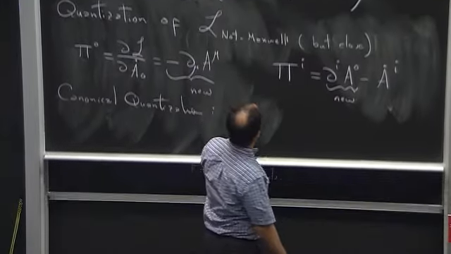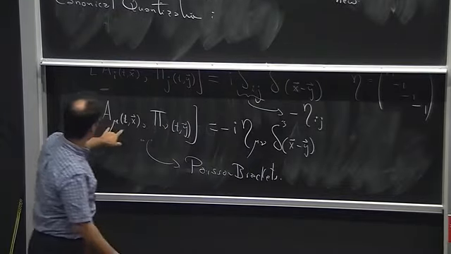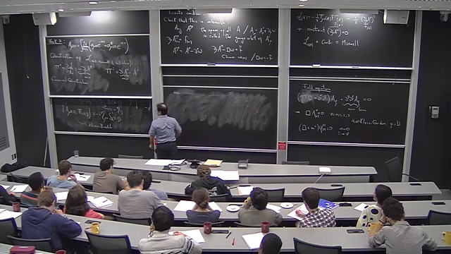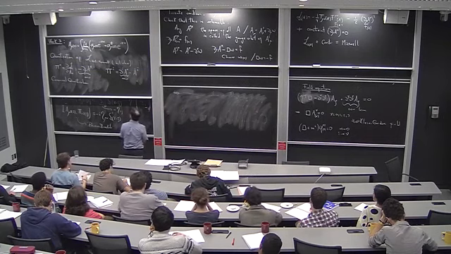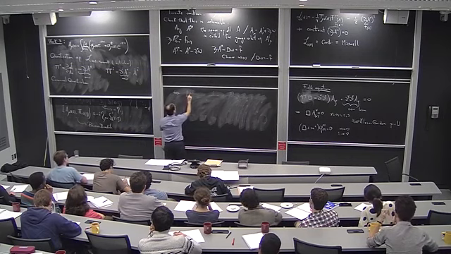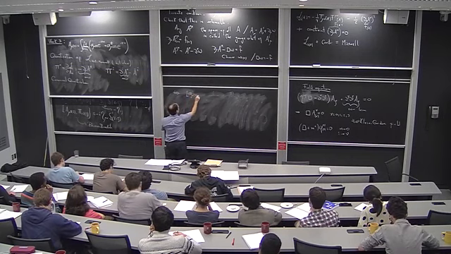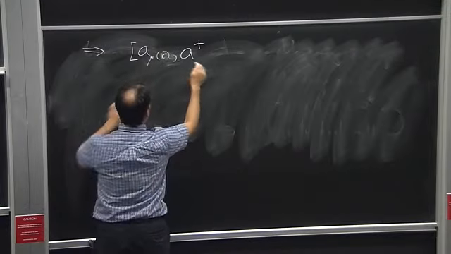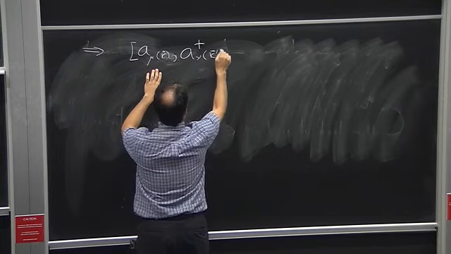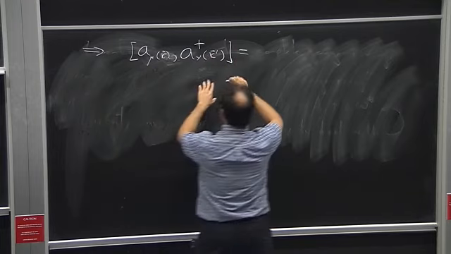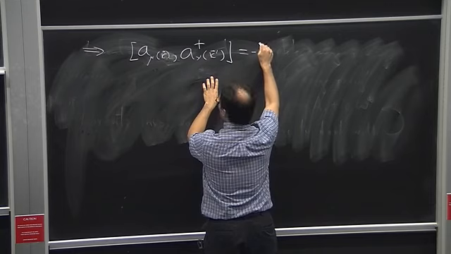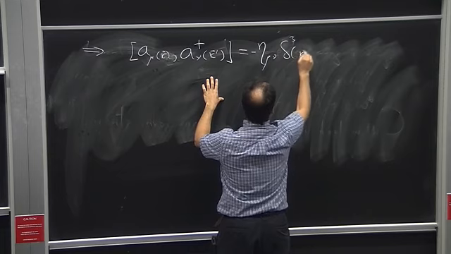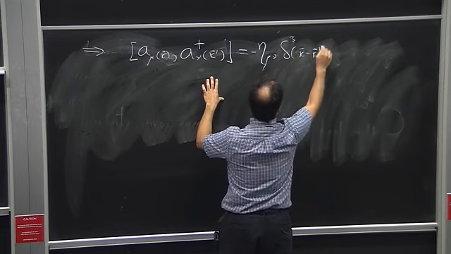Now, as you did for the Klein-Gordon field, if we use this, the equal time commutation relations would imply commutation relations for our creation and annihilation operators. And they will be of the form minus eta mu nu delta 3 k minus k prime.